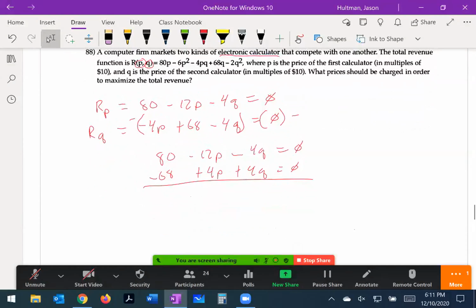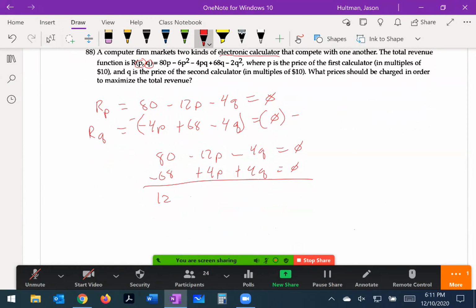And I can add these two lines together. 80 minus 68, I think that's 12. And then this is negative 8P, is that right? So plus 68.